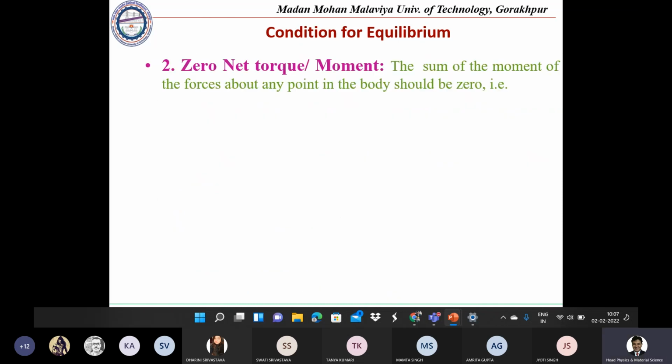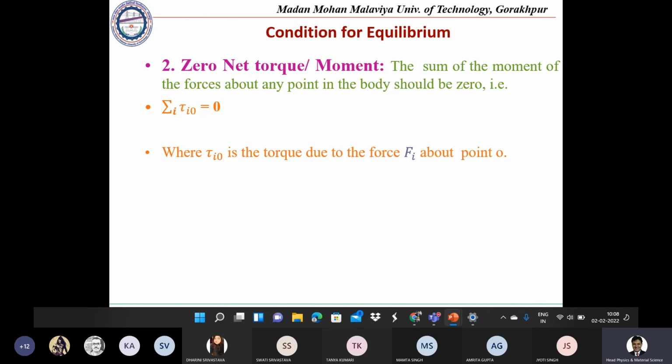The next condition is the zero net torque, that is, the sum of the moments of the forces about any point in the body should be 0. We will write here summation over i of tau iO equal to 0, exactly in the same manner as we realized in the case of the force acting on that body.